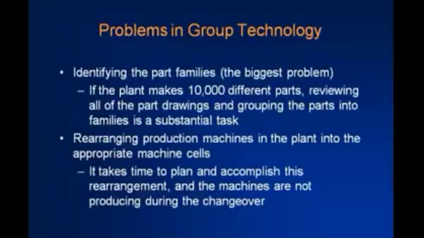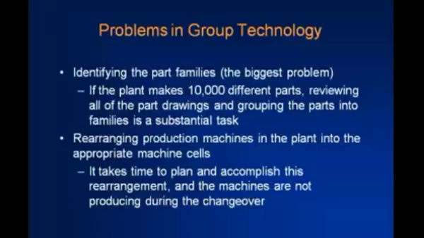But there are certain issues in group technology. One of the issues is the identification of the part families. If the plant or manufacturing setup is making 10,000 or 20,000 different parts, for instance, in the case of car production systems, then reviewing all of the parts, drawings, and grouping the parts into families is not an easy task.